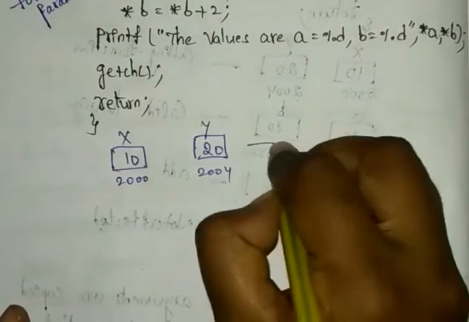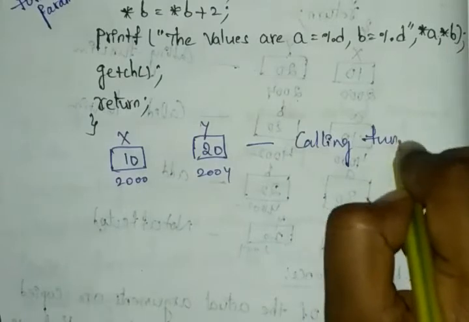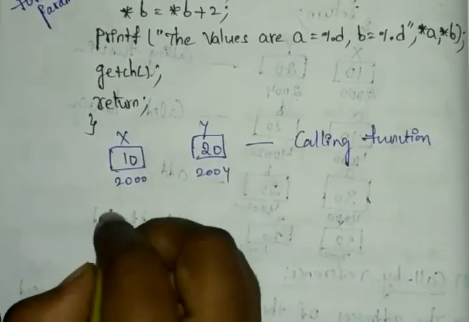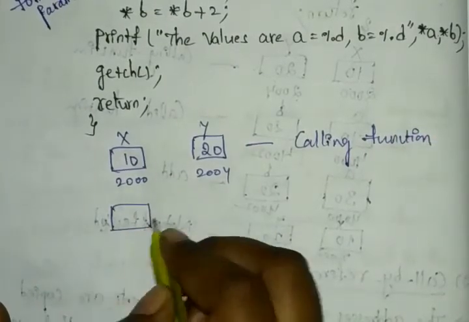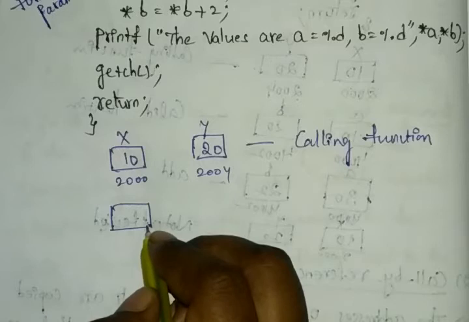This is the calling function, where we have our actual parameters. And next, these will be copied into our formal parameters using our A and B variables.